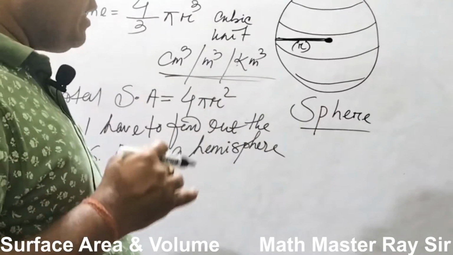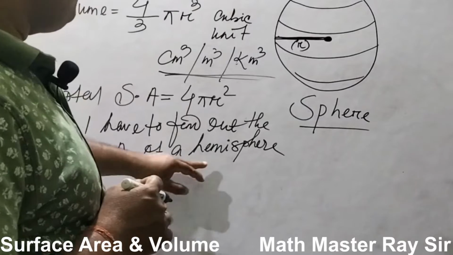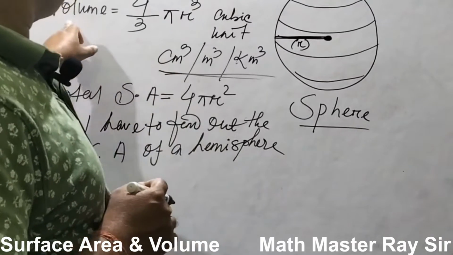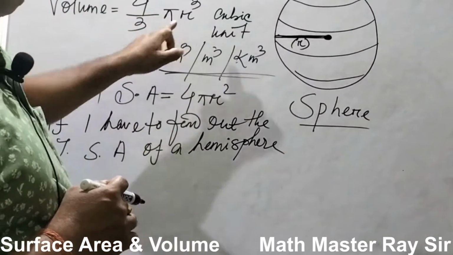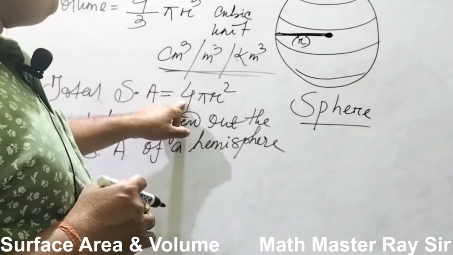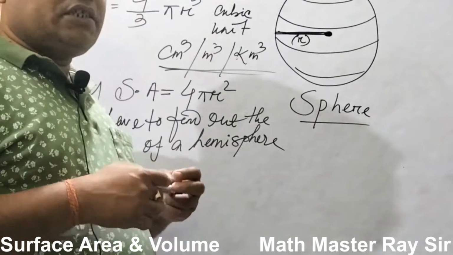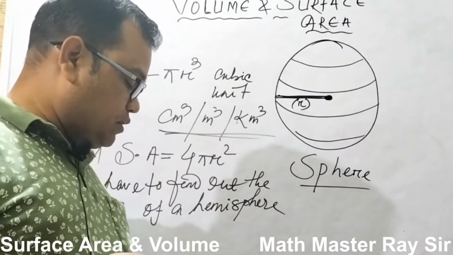There is a technical thing I will discuss here in the case of hemisphere. So come to the point. Volume will be 4 by 3 pi r cube. Total surface area will be 4 pi r square. Now we'll discuss the hemisphere. First of all, we'll construct the figure of the hemisphere.